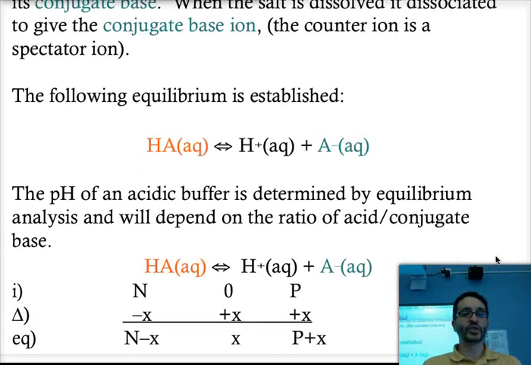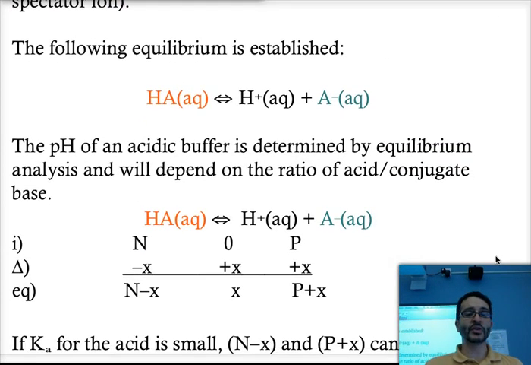the equilibrium that you're going to establish is a typical equilibrium. Acid goes to H plus and the conjugate base. But in this particular case, you have a concentration not of 0 for the conjugate base, but you have an initial amount that you put into the solution. So you have initial concentrations of the acid and of the conjugate base.